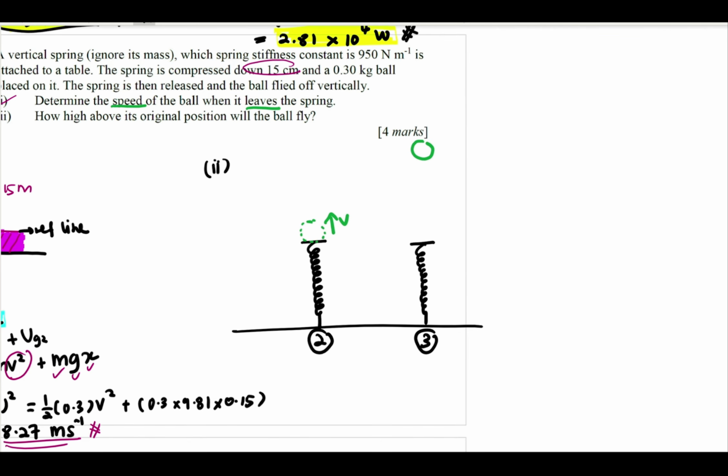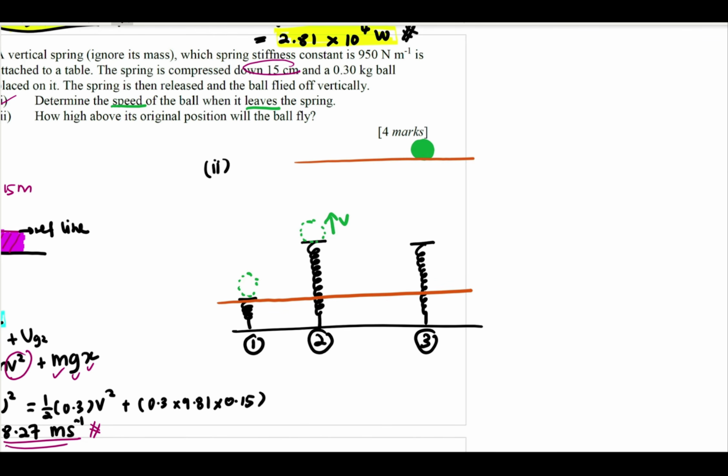Contohlah dekat sini position dia. Okay, dan initial position dia kat sini masa spring tu compress. Jadi soalan minta kita kira from the initial position, daripada sini sampai sini, kan?